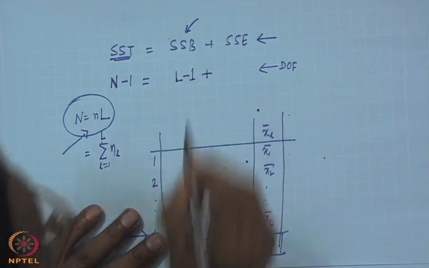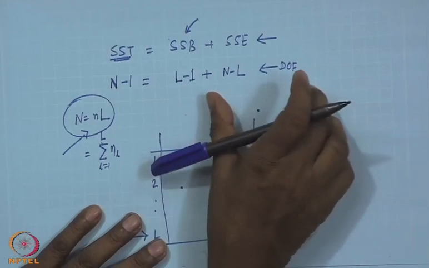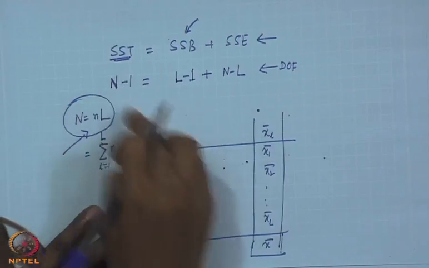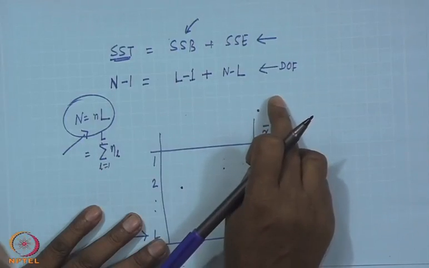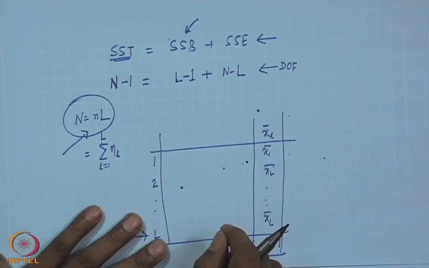So, plus n minus L, because this is the rule that the total variability will also be decomposed into component degrees of freedom.